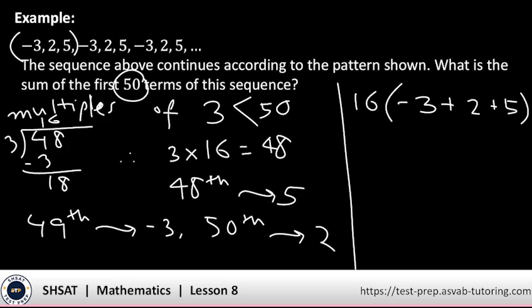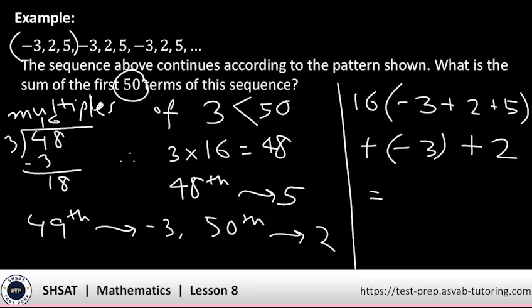So I can say 16 times minus 3 plus 2 plus 5 to figure out the total summation of the first 48 terms. For the 49th term I'm going to use negative 3 and for the 50th term I'm going to use 2.